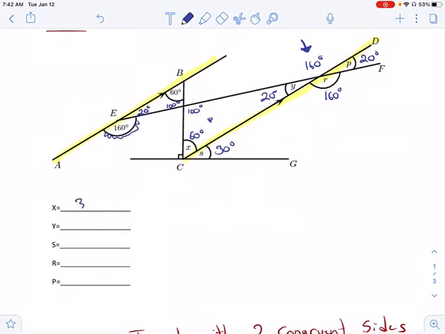So if I was just making note of these as I have them, this is 60 degrees. R looks like 160, and then P looks like 20 degrees.